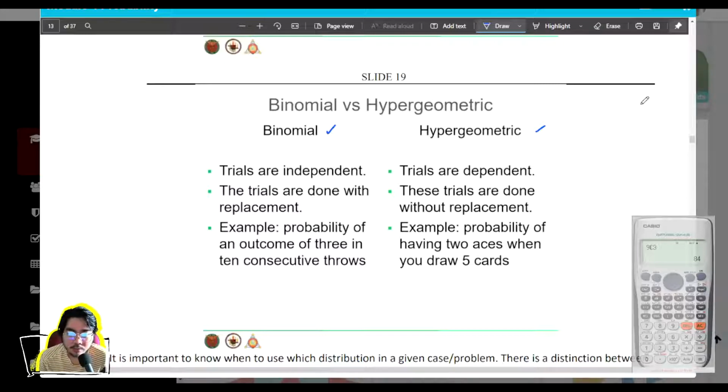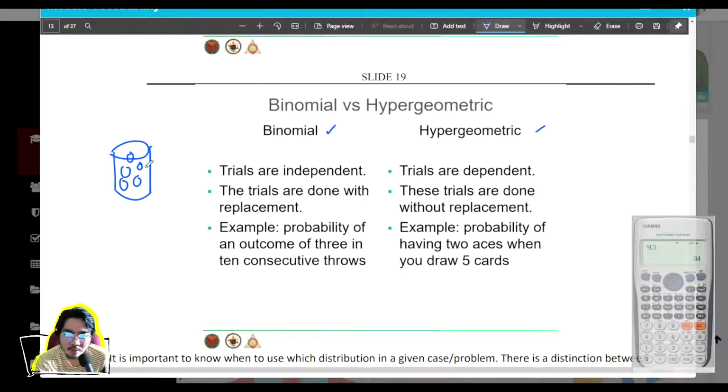Okay? So yung first is sa binomial, it's when the trials are independent of each other, no? So this means that whatever you do sa first event na ginawa nyo. So for example, let's just say kunwari meron akong a box, a container of balls.